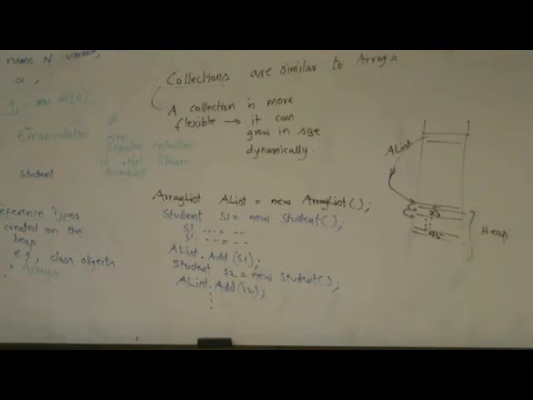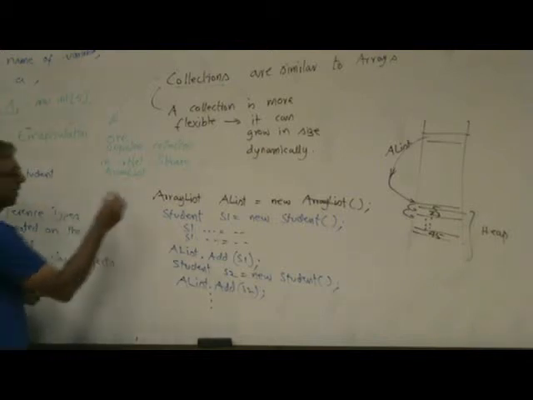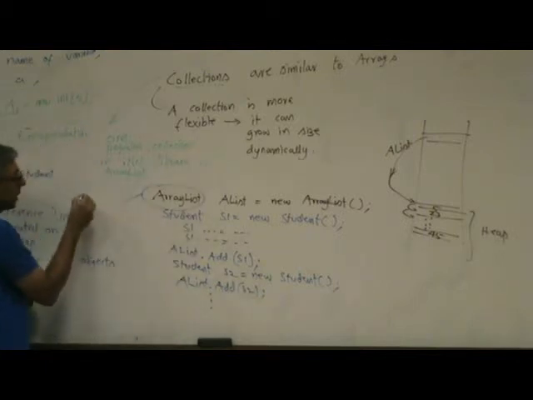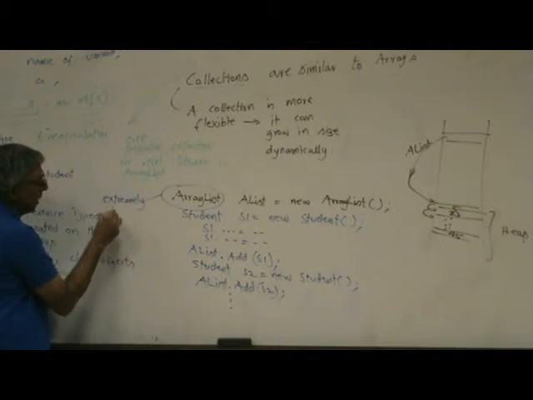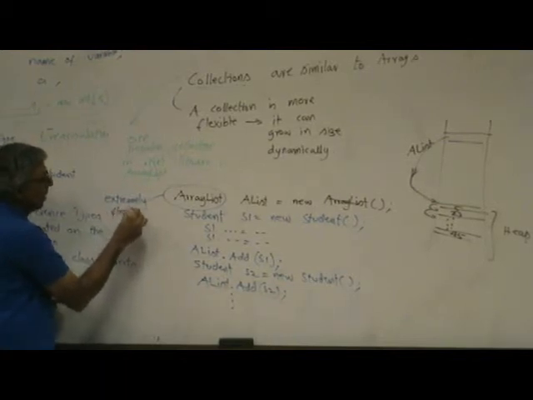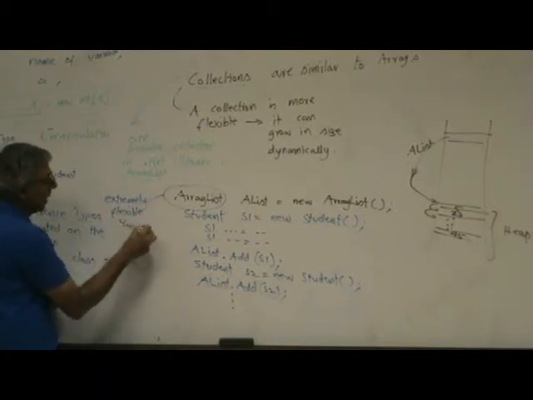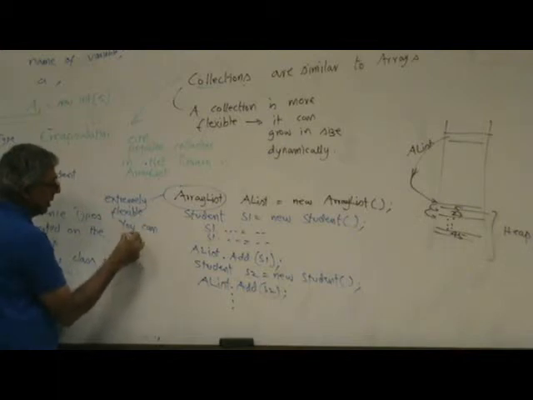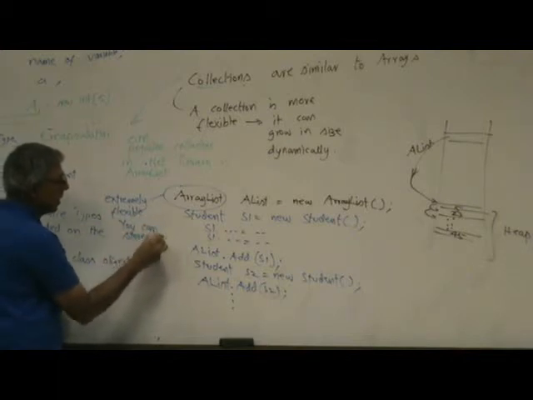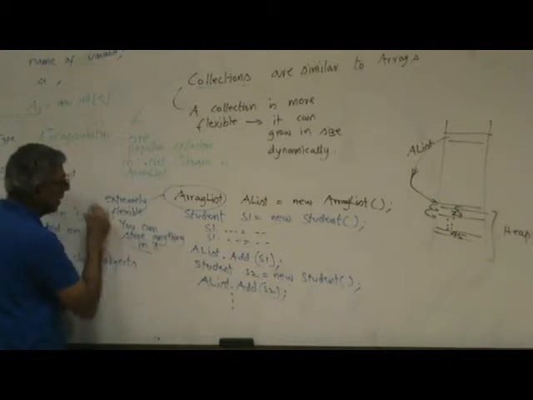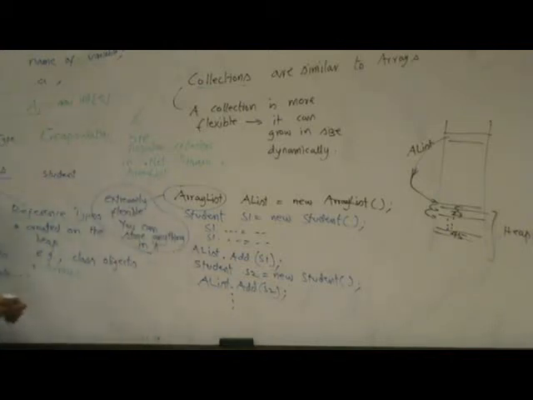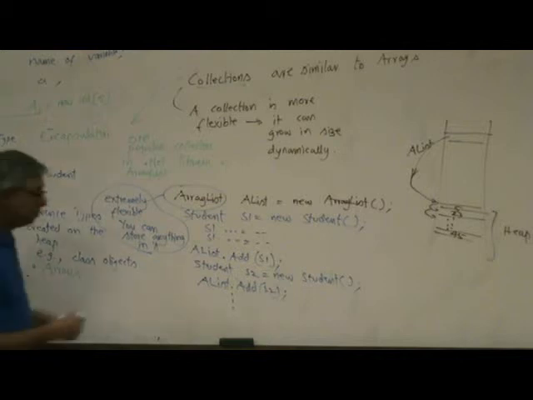Okay, here's the nice thing about the ArrayList. ArrayList is very flexible. It's extremely flexible. In fact, too flexible. You can store anything in it. Meaning, you can store a value type, you can store a reference type, you can store a student in it, you can store a number in it.